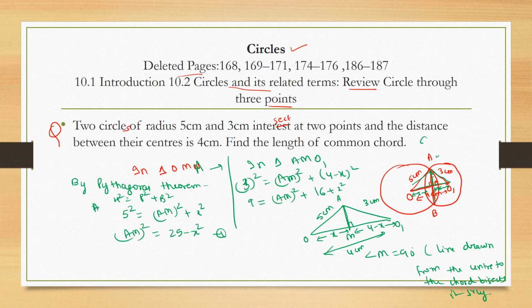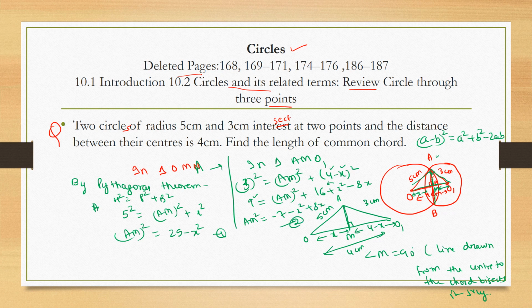If you apply (a minus b) whole square, what is it? a square plus b square minus 2ab. So 4 square plus x square minus 2ab, 4 twos are 8x. So if you keep AM square on one side, then 9 minus 16 is minus 7, you are taking them onto the left hand side, right? Minus x square plus 8x.